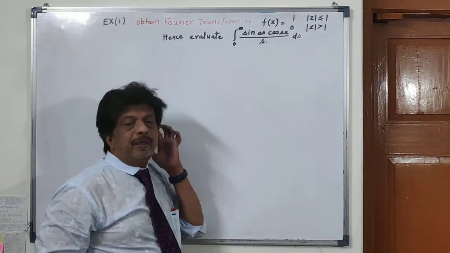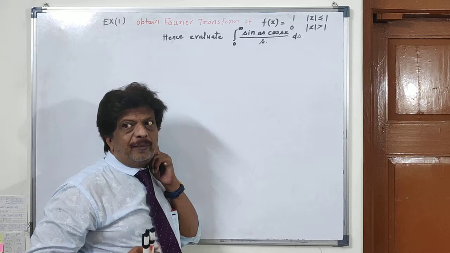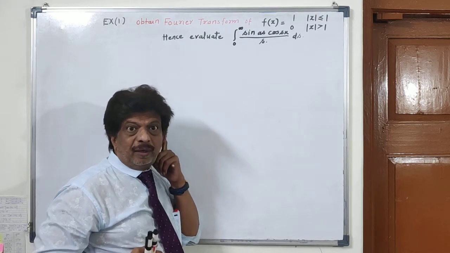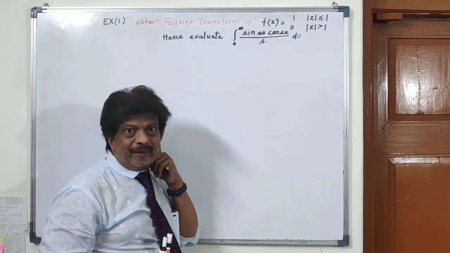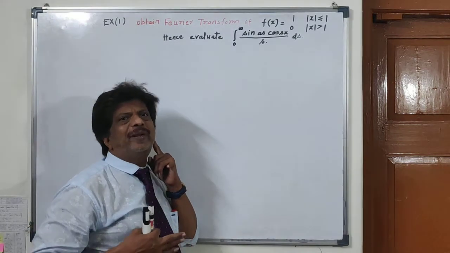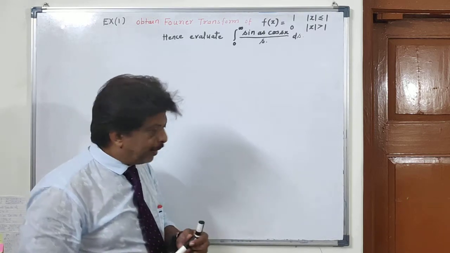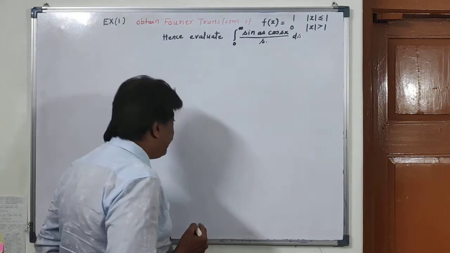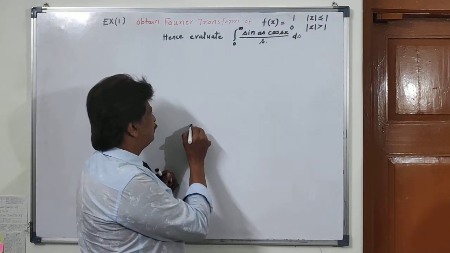Now in this lecture, we are going to solve some examples based on Fourier transform, inverse Fourier transform and Fourier sine transform and Fourier cosine transform. So let me revise quickly the formula for the Fourier transform of f of x.